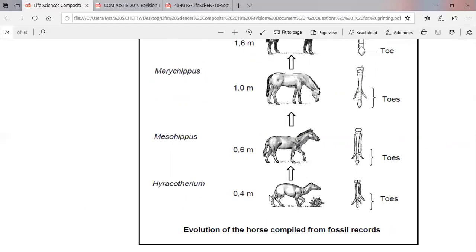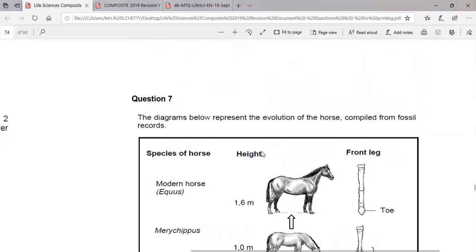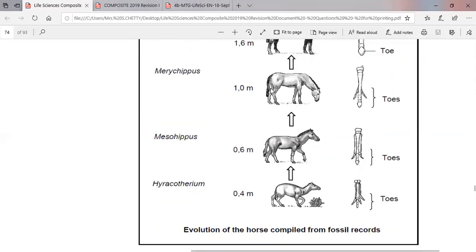Wow, would you believe that? So small. And then it became 0.6 meters, that's 60 centimeters, 2 rulers tall. Put 2 rulers together. And then if you've ever stood against a modern horse, you would now know just how much evolution has happened over the ages.